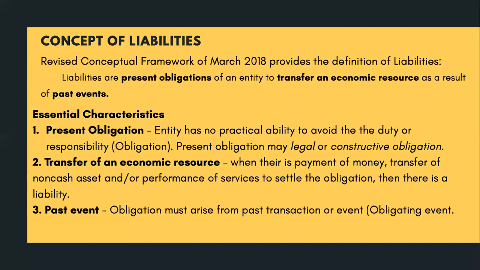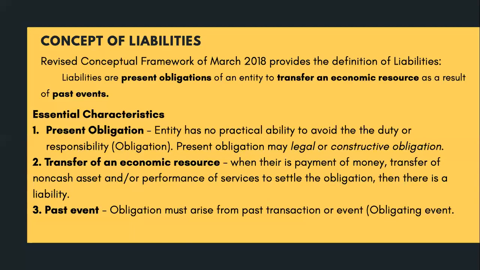So that's the first essential characteristic: there must be a present obligation. Second is the transfer of an economic resource. When there is payment of money, transfer of non-cash asset, or performance of services to settle the obligation, then there is a liability. When you say economic resource, those are assets of the entity.